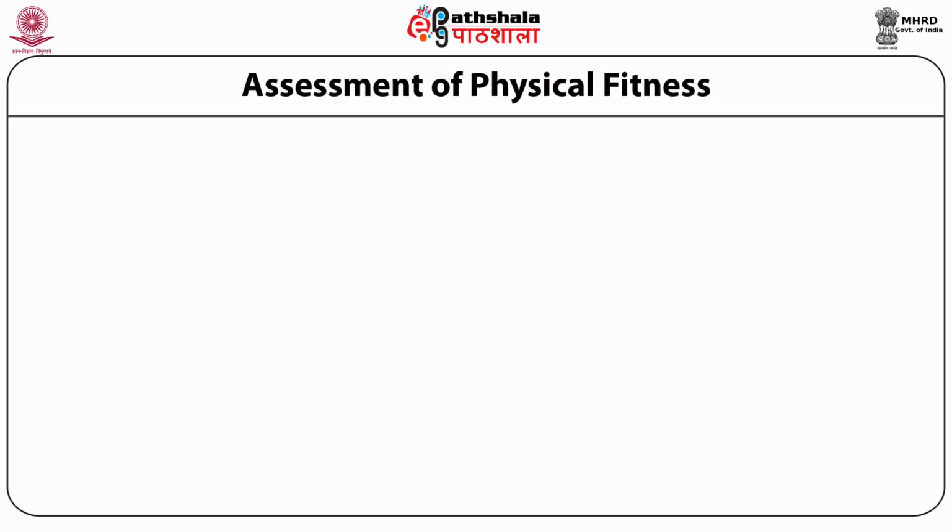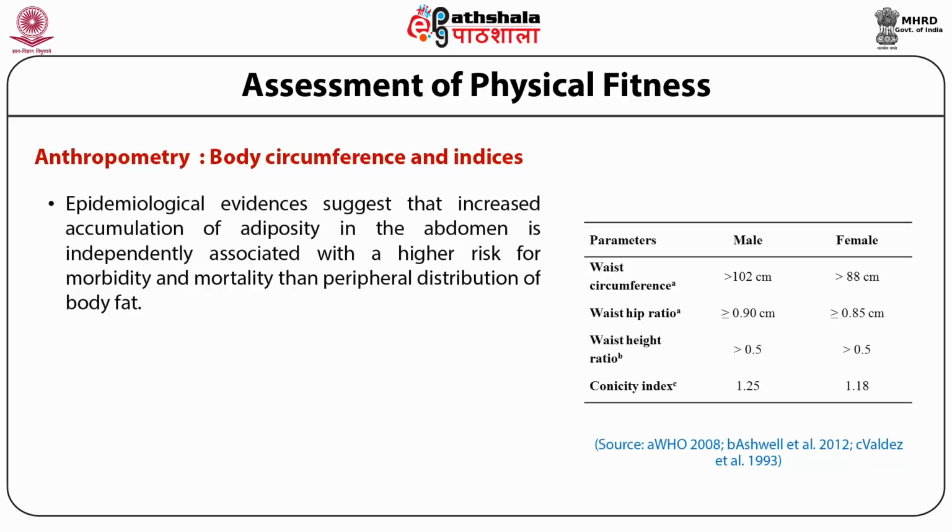Now let's have a look at the anthropometric measurements like the body circumference and the various anthropometric indices which can help us to study the body composition. Several epidemiological evidences suggest that an increased accumulation of adiposity in the abdomen is independently associated with a higher risk for morbidity and mortality than the peripheral distribution of body fat.